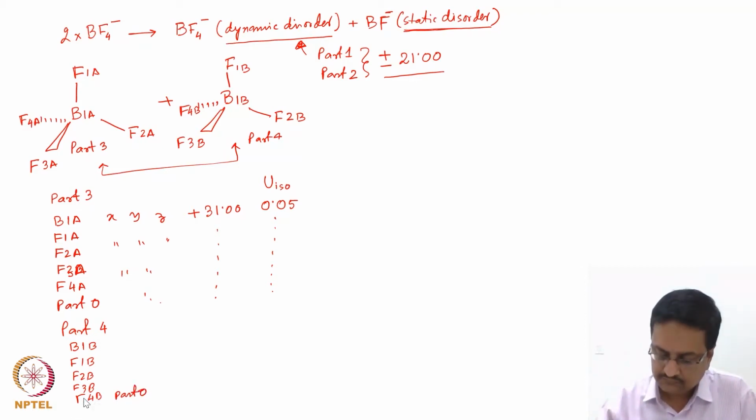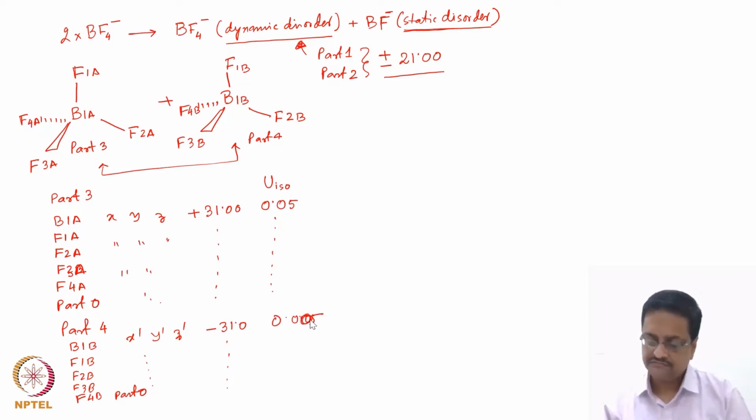So this will have some set of coordinates x', y', z' for all of them, and the occupancy parameter will be minus 31.0 for all of them, and U iso as 0.05.